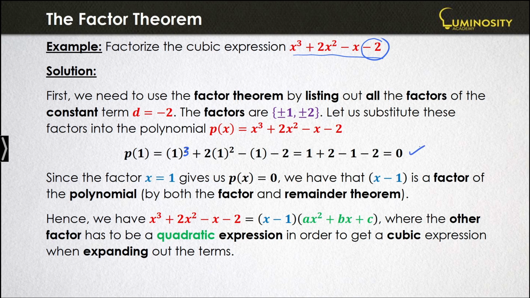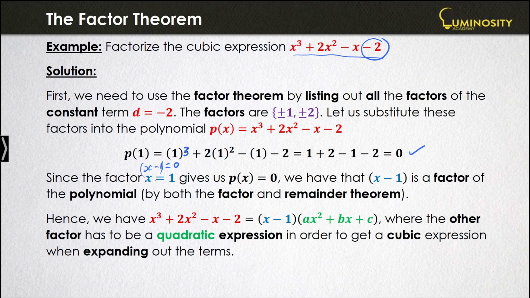If it doesn't give you 0 at first, don't give up. Just try the other factors until you've tried all of them. Since x equals 1 gives p of x equals 0, then x minus 1 is a factor of the polynomial, by both the factor and remainder theorems.